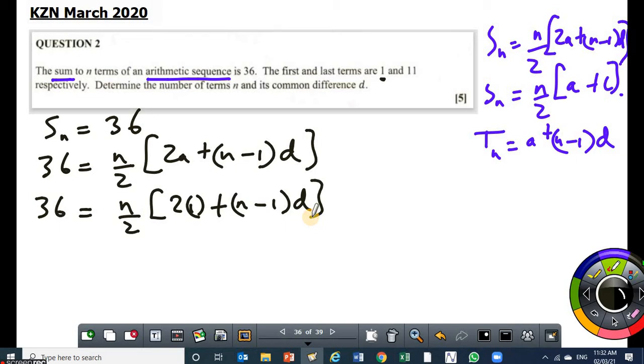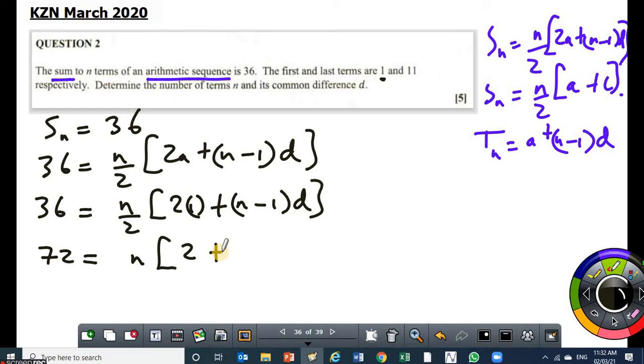Okay? Then, if I simplify this, I can multiply both sides by 2. If I do that, I'll get 72 equal to n times 2 plus. Now, because I need to formulate an equation, I'm going to simplify this part.